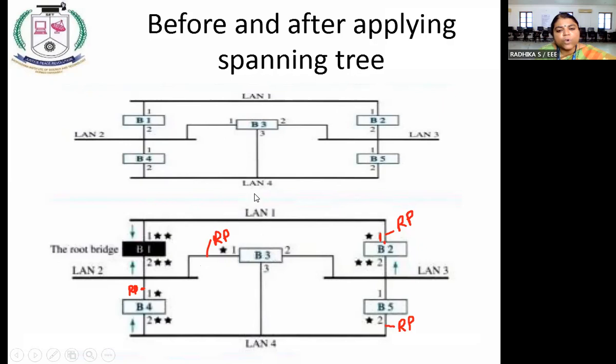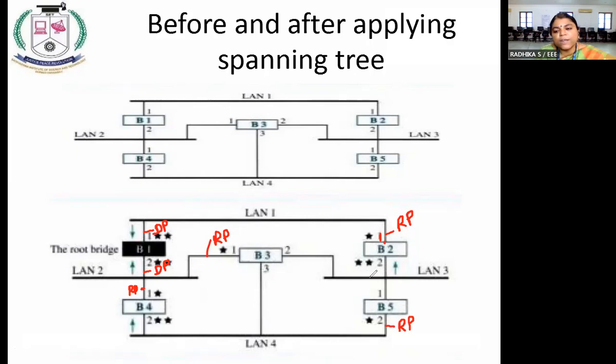If I have to connect LAN 1 to bridge 1, the most suitable port I can use is port 1. So I call this port the designated port. Likewise, LAN 2 to bridge 1 is possible only with this corresponding port, so I call this port the designated port.